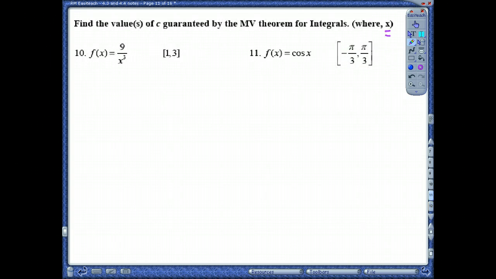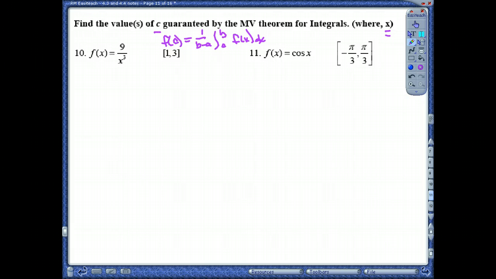But when they ask us to find the values of c that are guaranteed by the mean value theorem, they're wanting to know where. That's the x's. So what we have to do is actually set our f of c equal to our 1 over b minus a times our integral. And they actually want us to solve for that c.